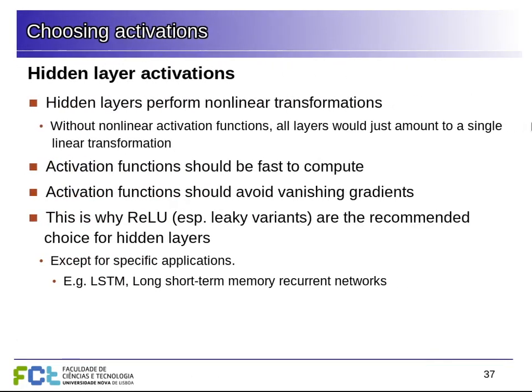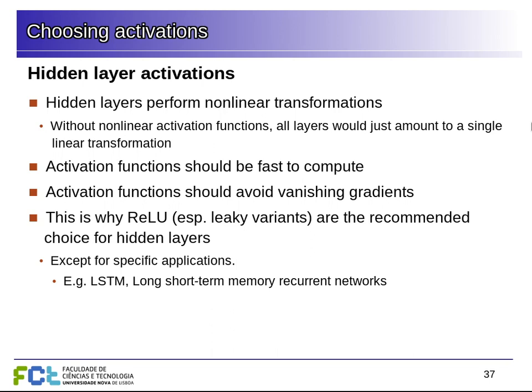Okay, but this is for the hidden layers. Hidden layers are just doing these nonlinear transformations, and we don't want them to have gradients that saturate, because we are multiplying lots of those derivatives, and if they approach zero, things stop. And also they should be fast to compute, because we have to do them a lot during the training and the application of the network.